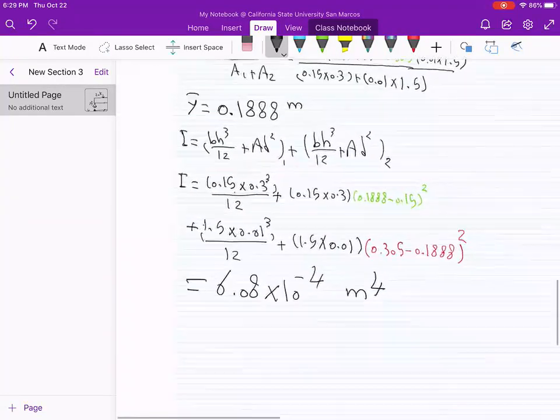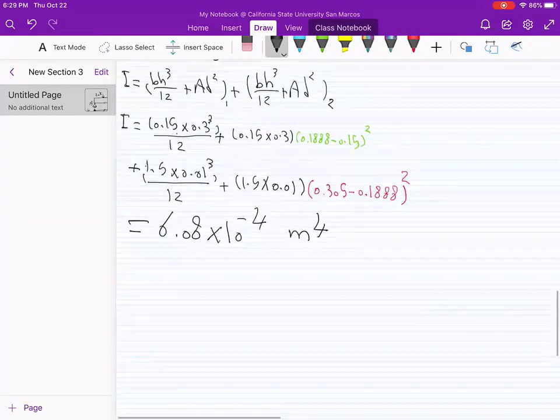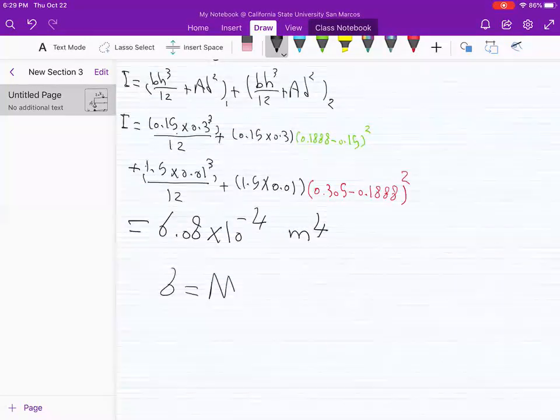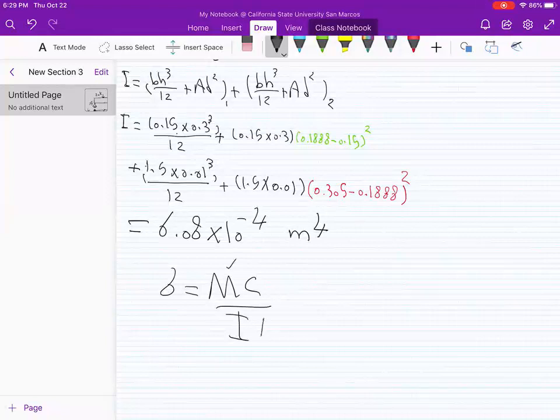Now again, let's review the formula. Sigma is My over I, M is given, we found I. So now everything is ready to find sigma.